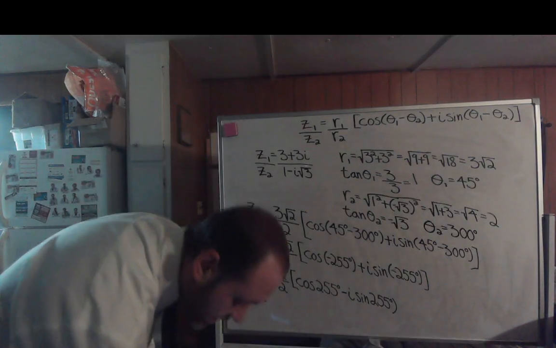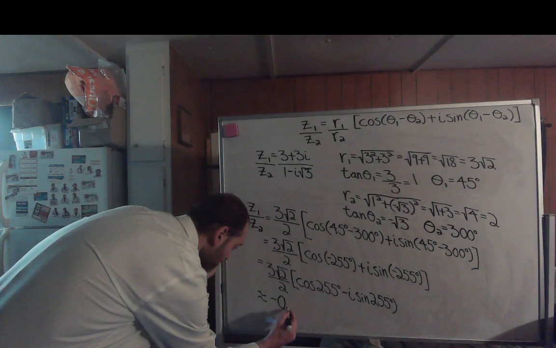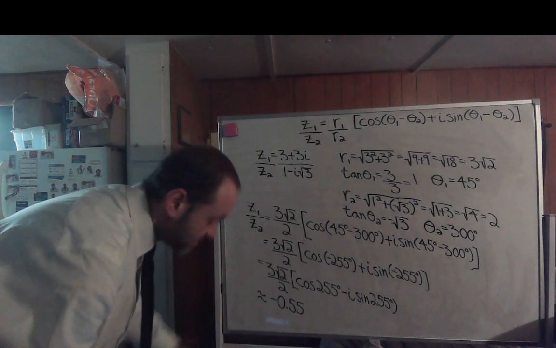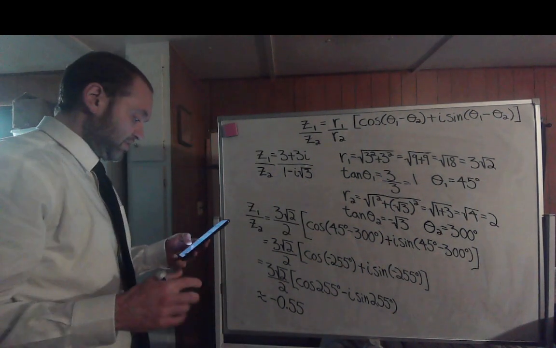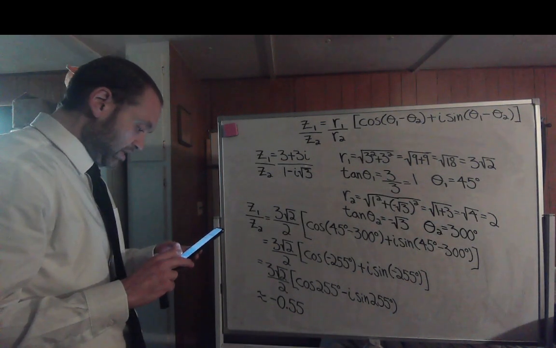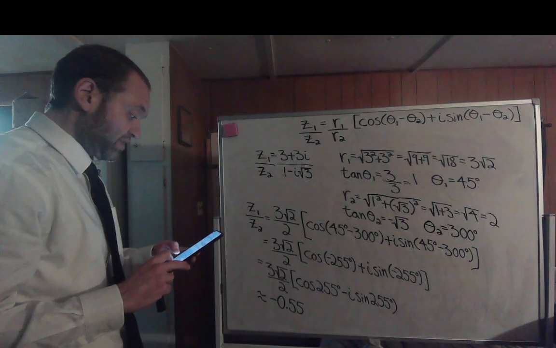You get about negative 0.55 for that first number. And then let's take the sine of 255 degrees, negative of the sine of that, I should say.